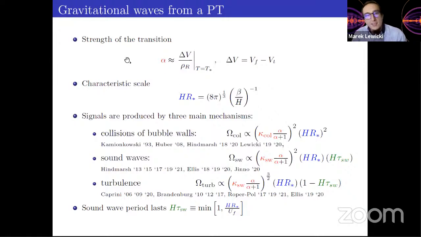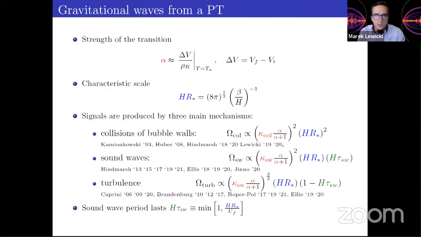So first, the strength of the transition, just the energy of the scalar over the radiation density. And then HR, which is the normalized size of the bubble. But this again just corresponds to 1 over beta over H, essentially. And beta over H is typically more convenient because that's something you can calculate from the action directly in a given model.